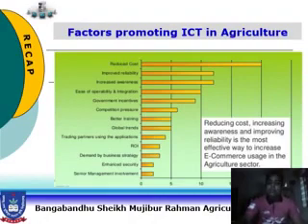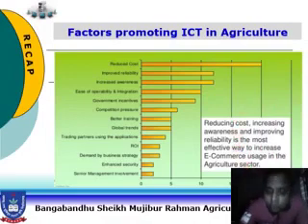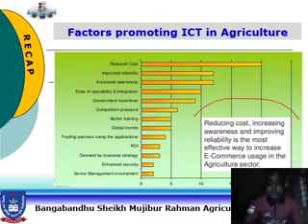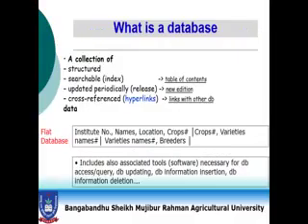A number of factors impact this, and among them, the key factors that we can remember: reducing cost, increasing awareness, and improving reliability is the most effective way to increase e-commerce use in agriculture. So these are the key promoting factors.